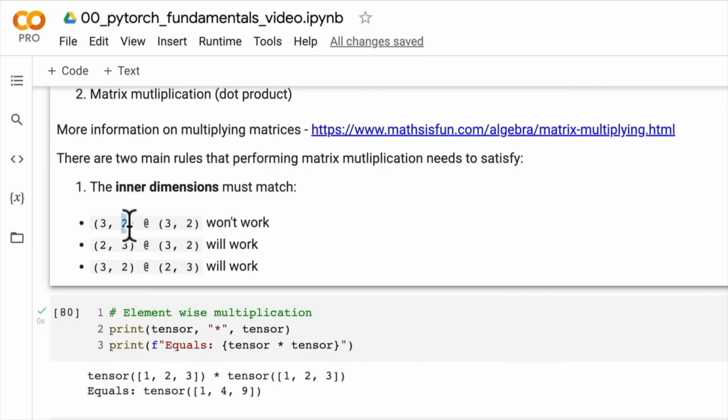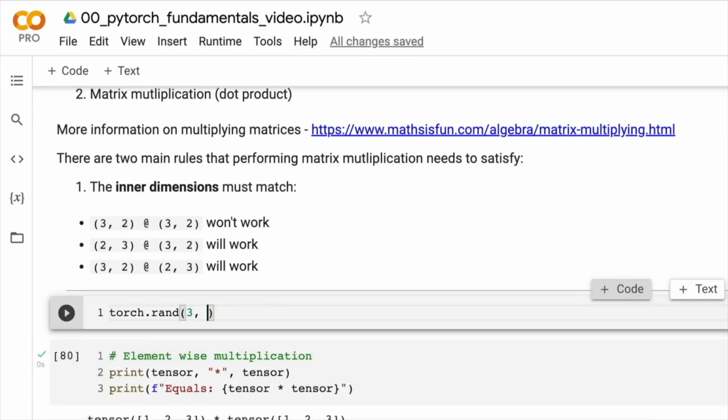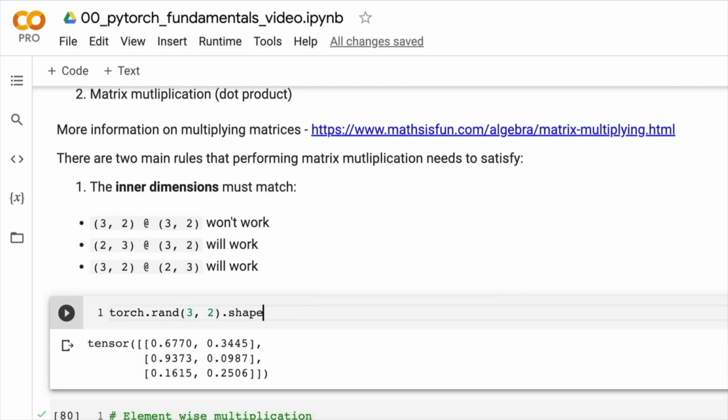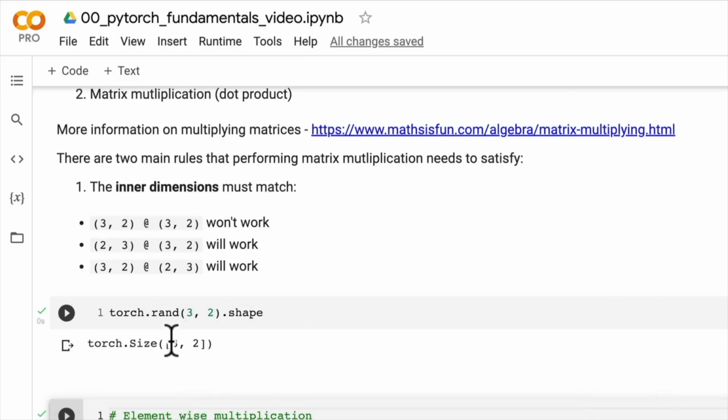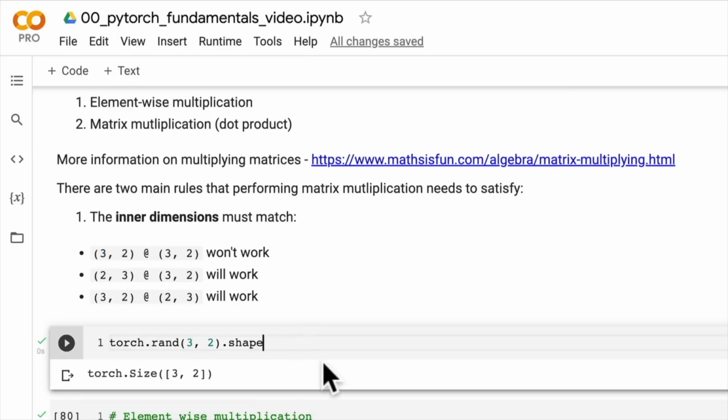So what I mean by this is, let's create torch.rand of size 3, 2, and then we'll get its shape. So if we created a tensor like this, 3, 2, and then another tensor, well, let me just show you straight up. torch.matmul, torch.rand, watch this, won't work.